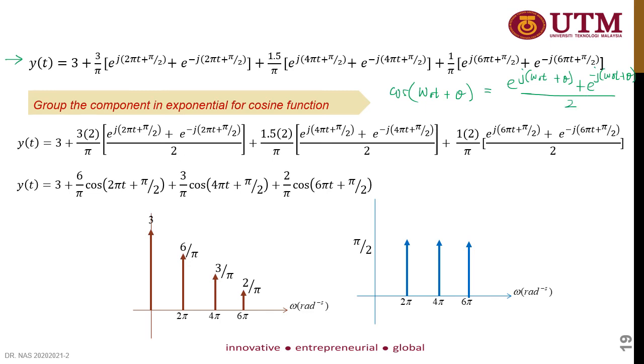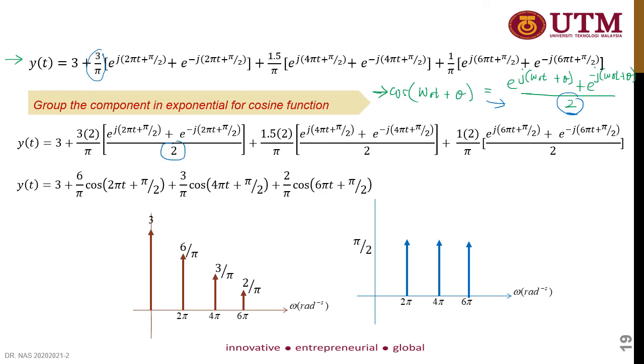So you can group your exponential equation based on this general equation. You already have 3 over pi, so to make it into this, you need to divide by 2.